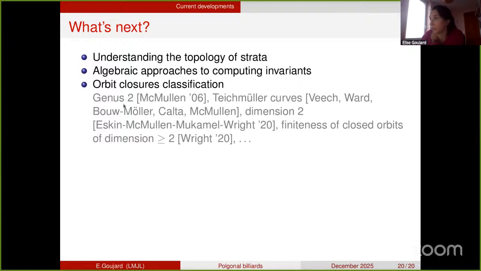It's done in genus 2. We also have a lot of results about Teichmüller curves. And for the higher dimension orbit closures, there are some finiteness results about them. But there are just very few examples of higher dimension closed orbits by the SL2R.